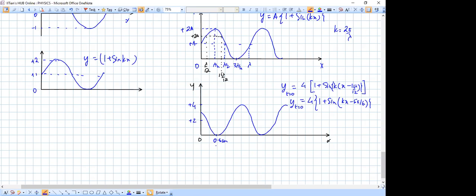Now this distance from here to here, this distance is equal to, in terms of lambda, it is how much? It is 3 lambda by 4 minus 11 lambda by 12.